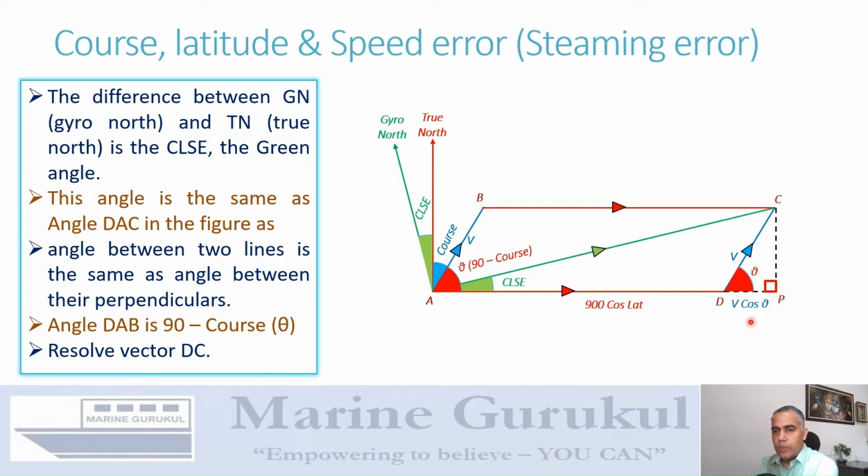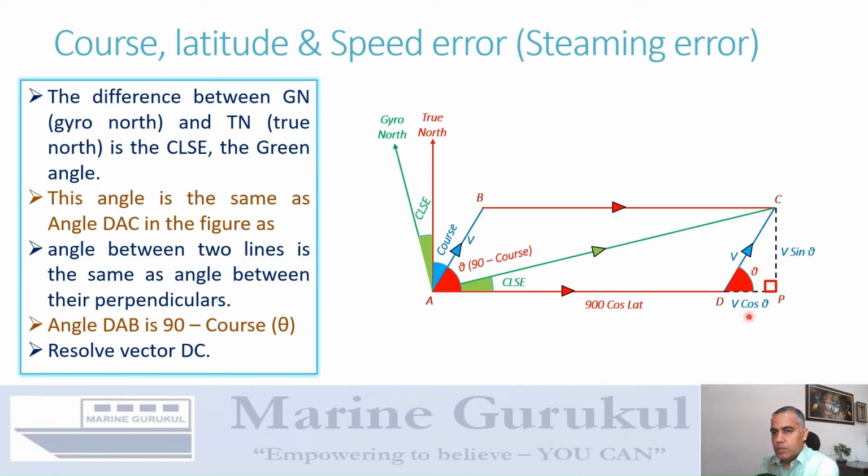So if we use these ratios, we can easily find out that delta Papa side is given by V cos theta. V is the magnitude of the ship's course and distance vector. So this vector multiplied by cos theta gives us the side delta to Papa. And the side Charlie to Papa is given by V sin theta.